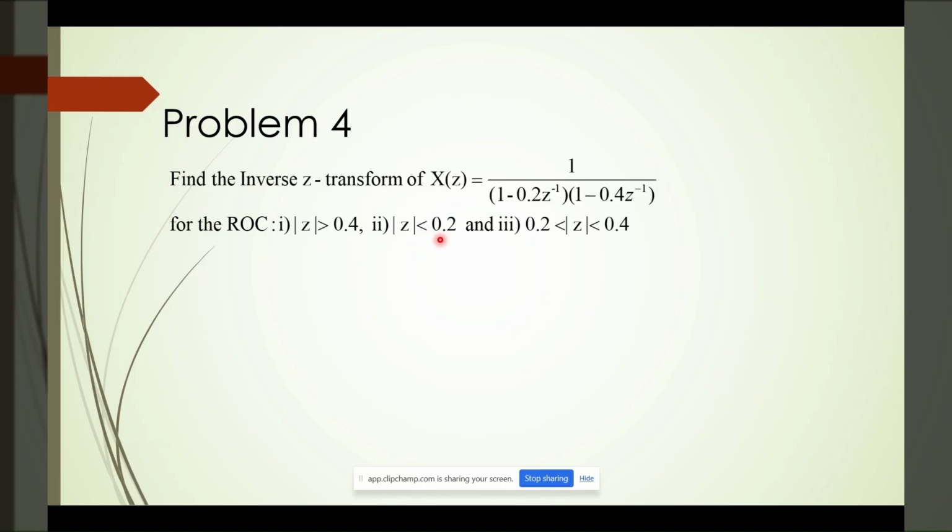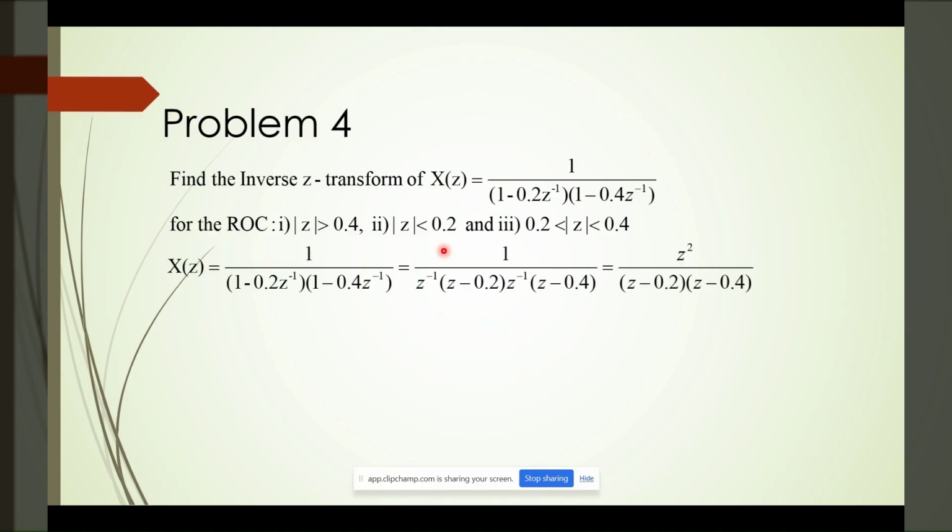Similarly, if it is a less than condition, it is going to be a left hand sequence. In the third case, it has both sequences, where the ROC is the intersection of both. So let us find the discrete time sequence for the given rational function under these three different conditions.